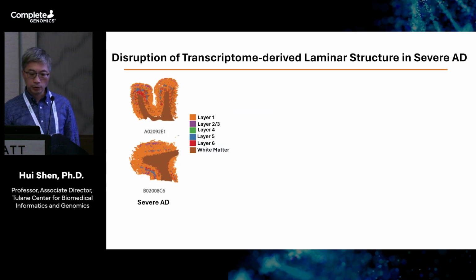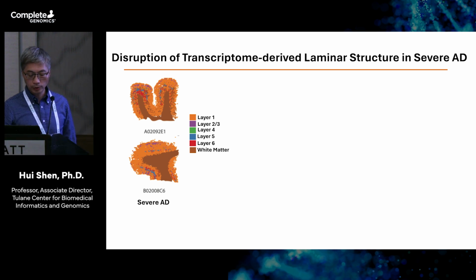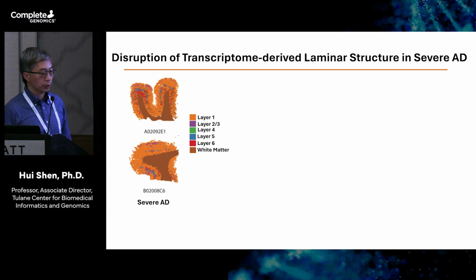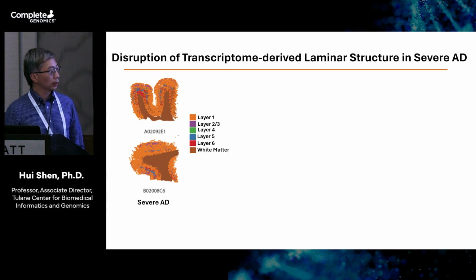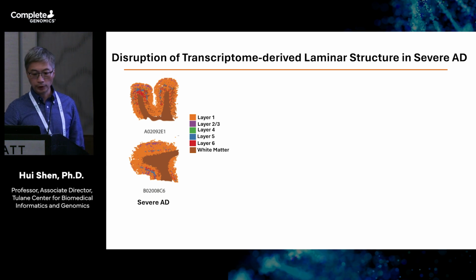Next, interestingly, we see that in the severe AD group, the transcriptome-derived laminar structure is actually largely disrupted. Here are 2 images from the severe AD samples. You can see that although the algorithm still identified the different layers, you can barely see any clear separation of the 6 layers.